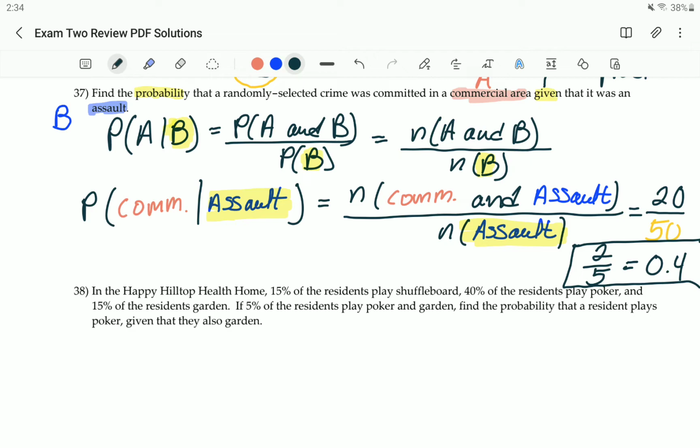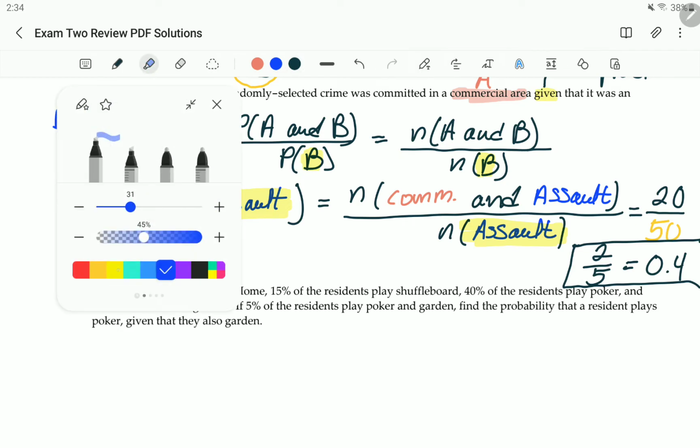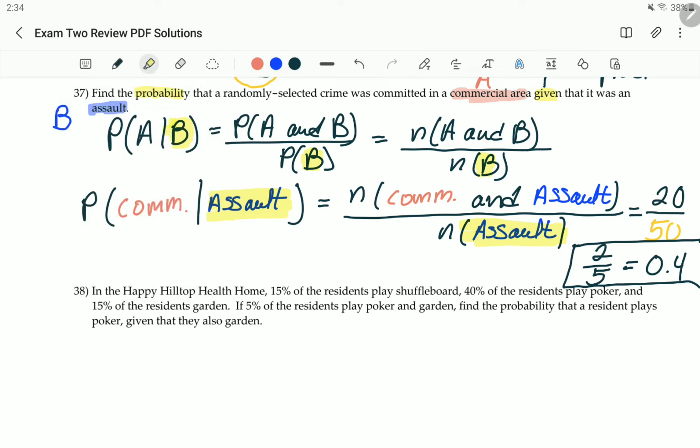If 5% of residents play poker and garden, find the probability that a resident plays poker given that they also garden. Okay. Once again, we have the key word. This is a probability question. It says here, find the probability of a resident plays poker given that they also garden.